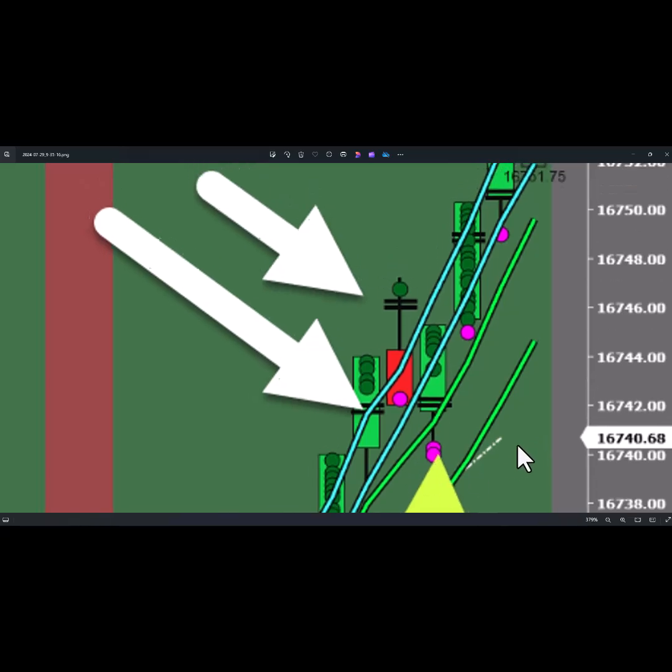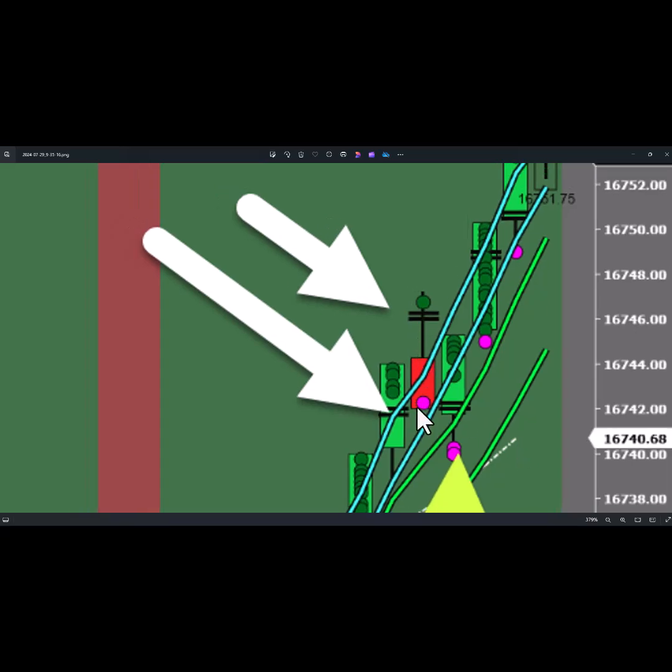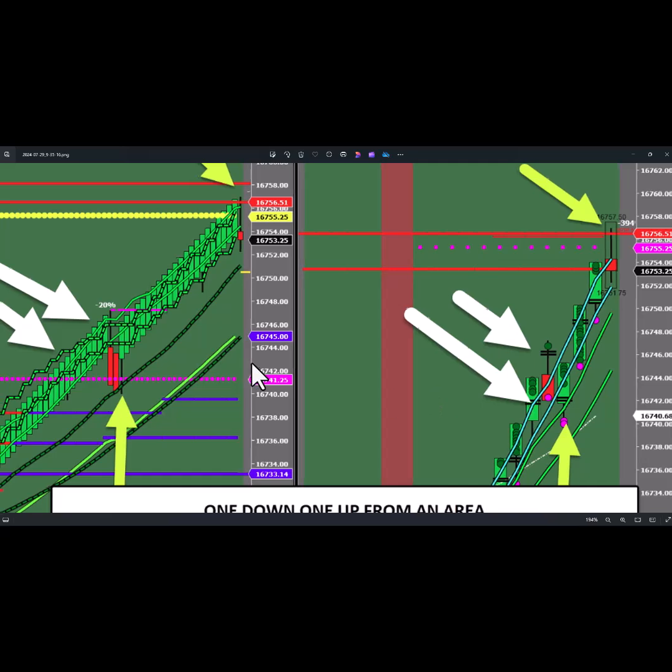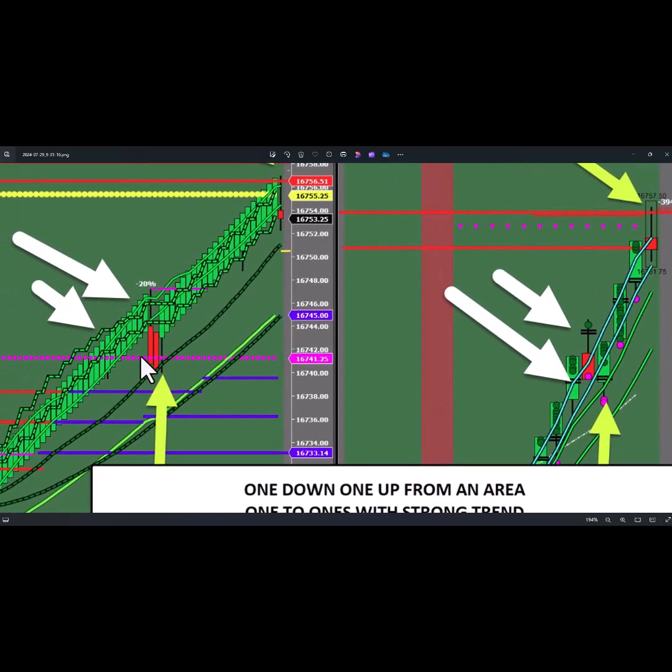So ultimately, what you're trying to do is bring in a full spectrum. Obviously, if you can get an area to do it from, the better, like a one-to-one. But even if there was no one-to-one here, you could still do this trade because we're outside the outer bands, we have wide, strong triggers, and the market usually goes one down, one up, and then finishes the move.